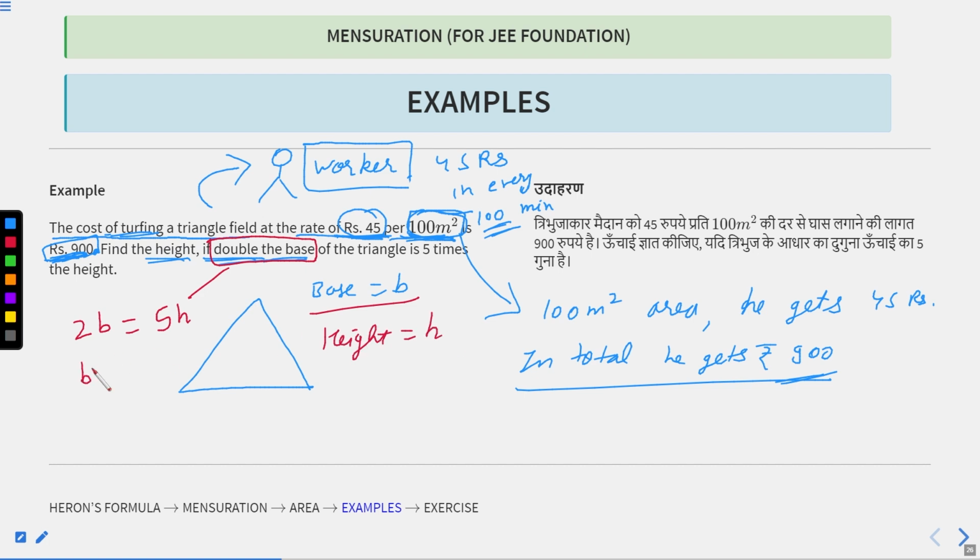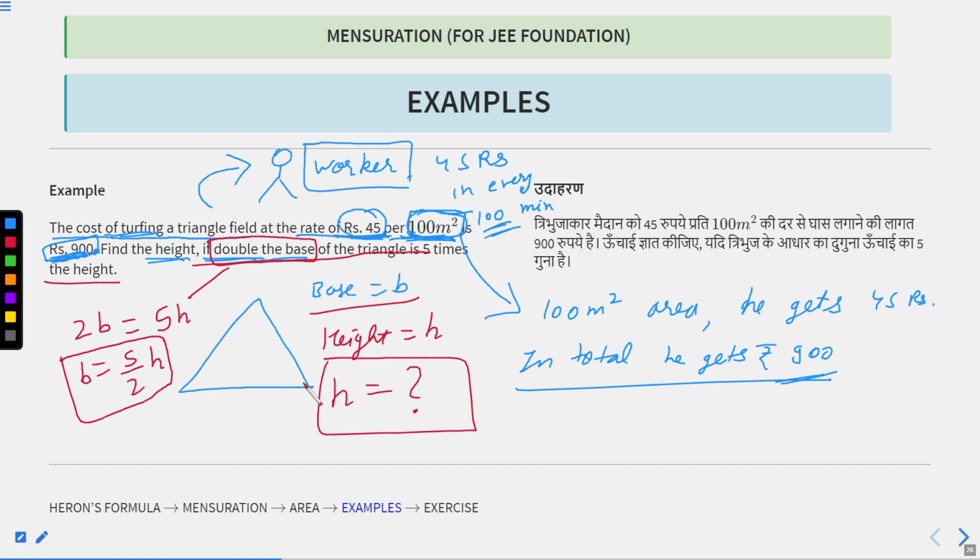So this means b is equal to 5 by 2 h. I hope this is also clear, the whole question. And the question asks, what is our height?